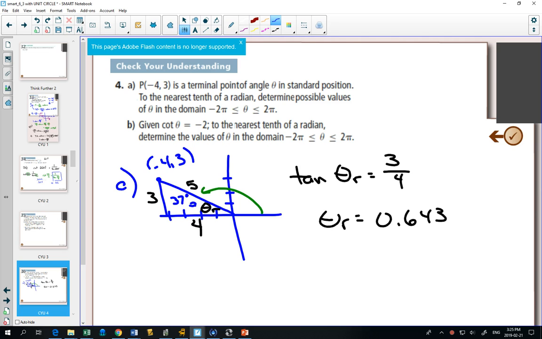If I wanted to find this green angle, how would you do that if it was in degrees? You would do 180 minus 37 degrees. So now that I'm in radians, I'm going to do π minus 0.643.